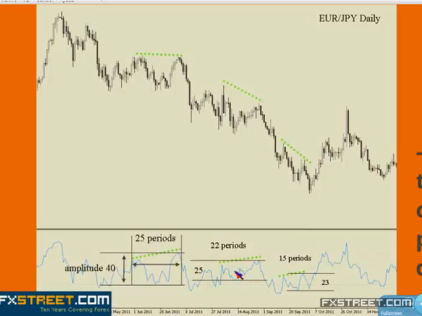It's not something that you can easily, just from pure observation, calculate and imagine how an oscillator would be printing according to the price action that you are seeing.